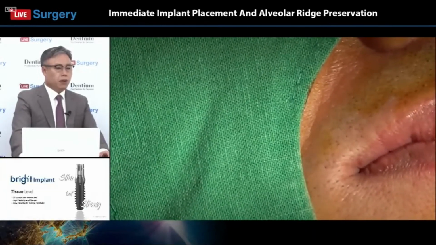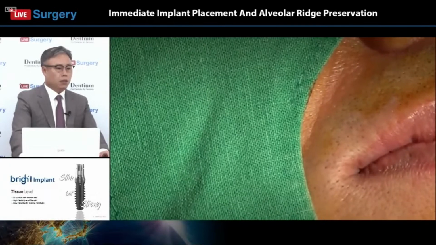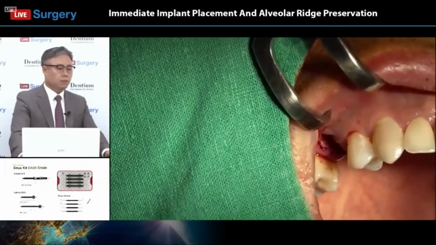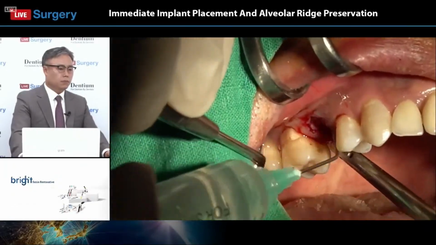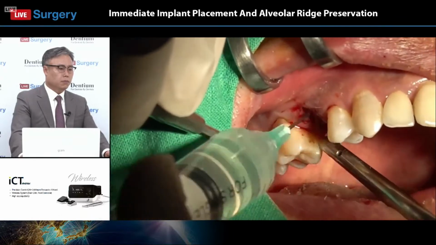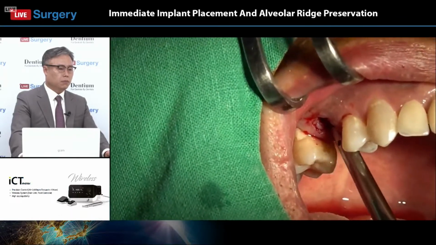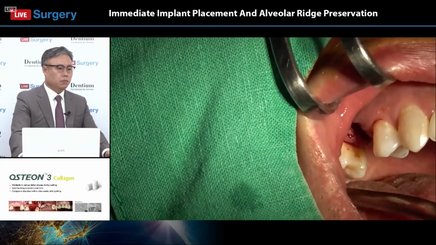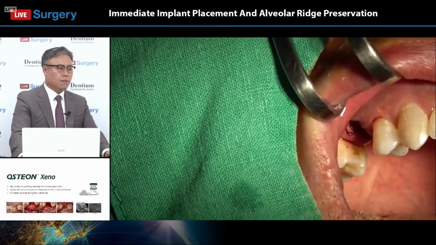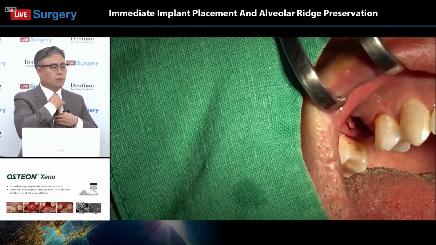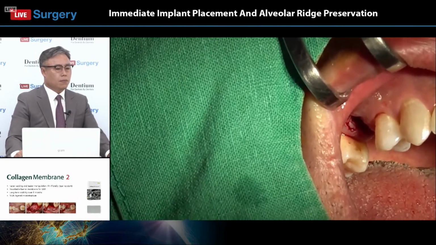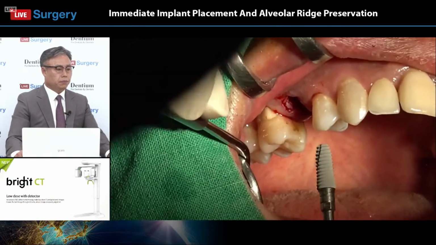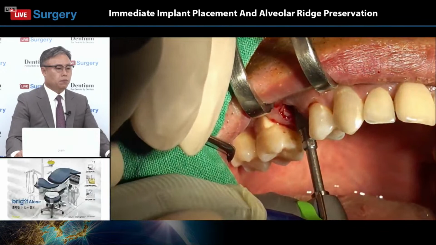I think he's preparing the implant. The spline implant is being placed.